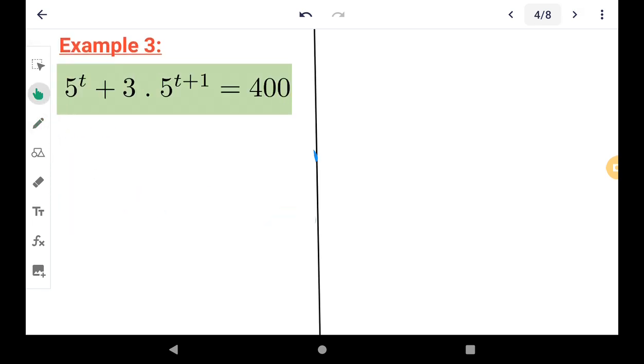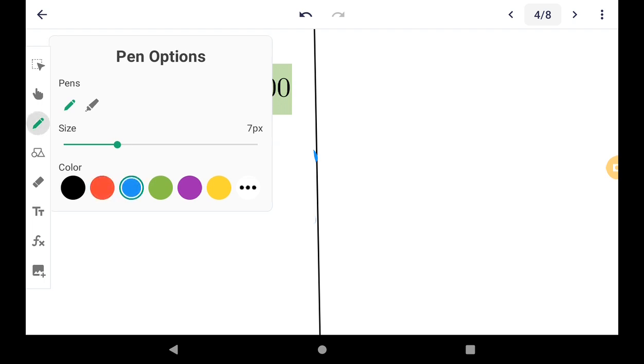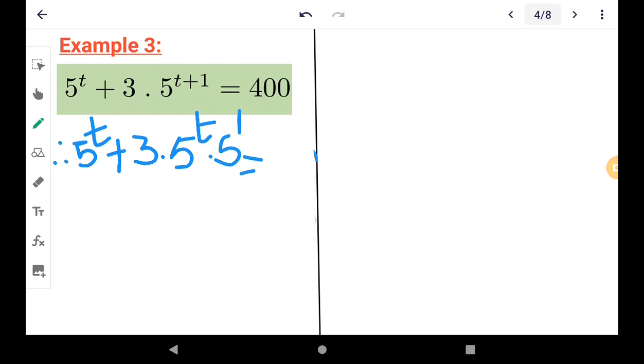Next example is when you have a scenario like this with a plus separating the two. So what you do is you break up all the powers into individual powers. So that is therefore 5 to the power of t plus 3 times 5 to the power of t times 5 to the power of 1. That's how you break that up there, equals to 400.